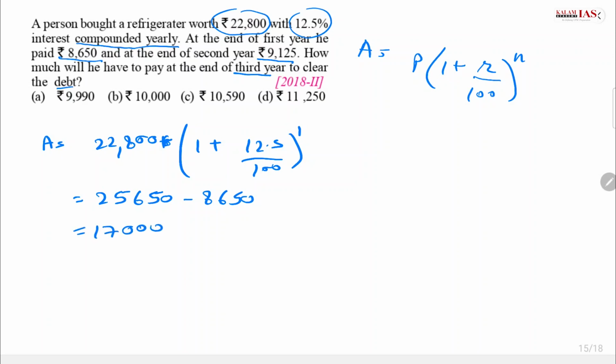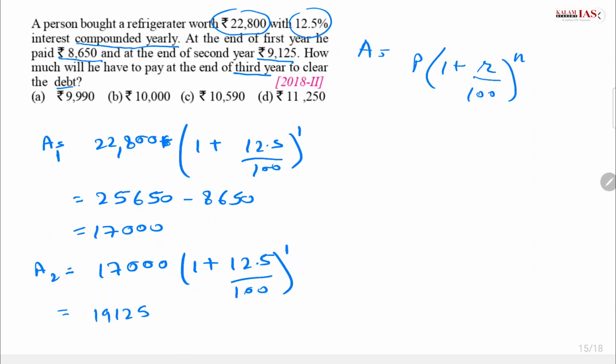This is the first year. Now for the second year, the amount will be 17,000 into 1 plus 12.5 by 100 power n, which on solving comes to 19,125, and out of this the person has paid 9,125.